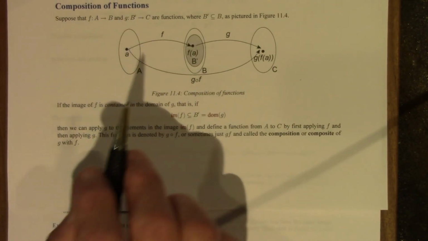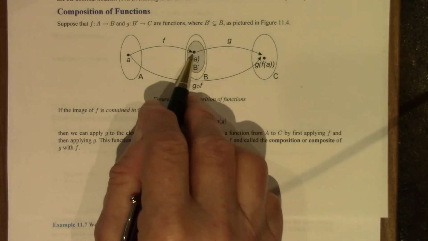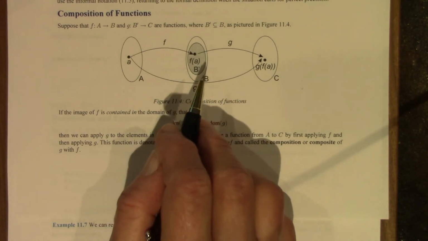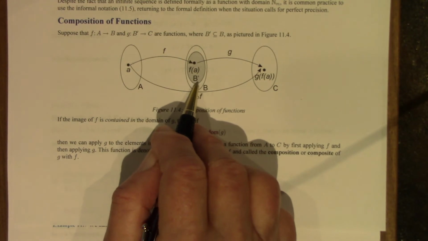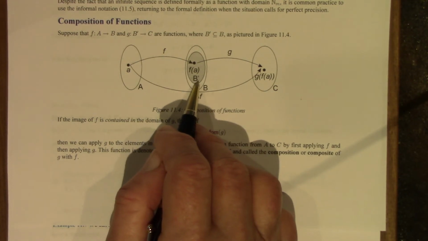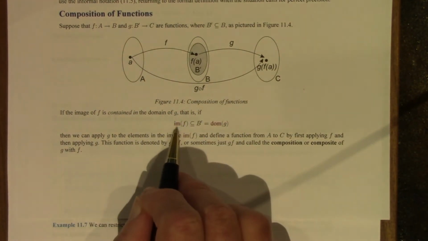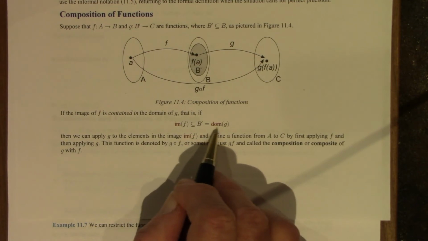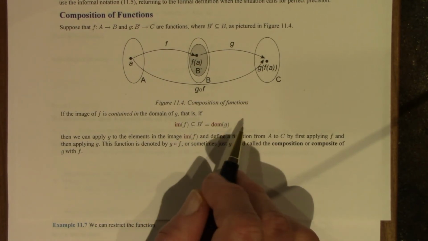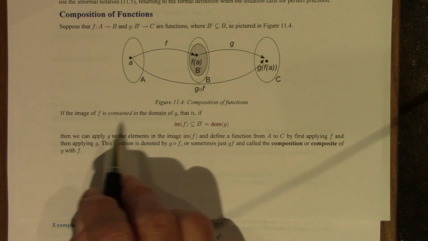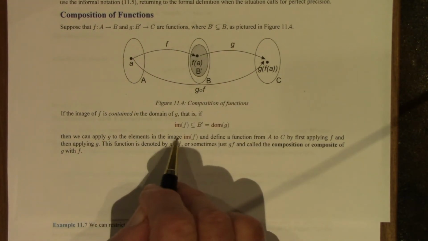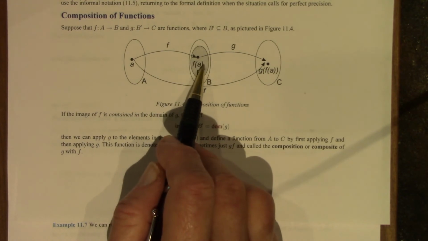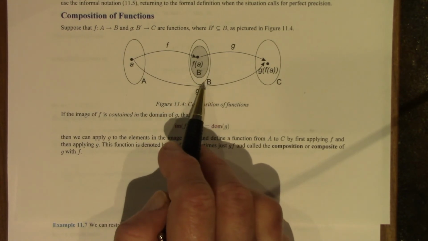Now, if the image of f is contained in B prime, which is the domain of g, then we can apply the second function g to the elements in the image of f, because they're contained in the domain of g.